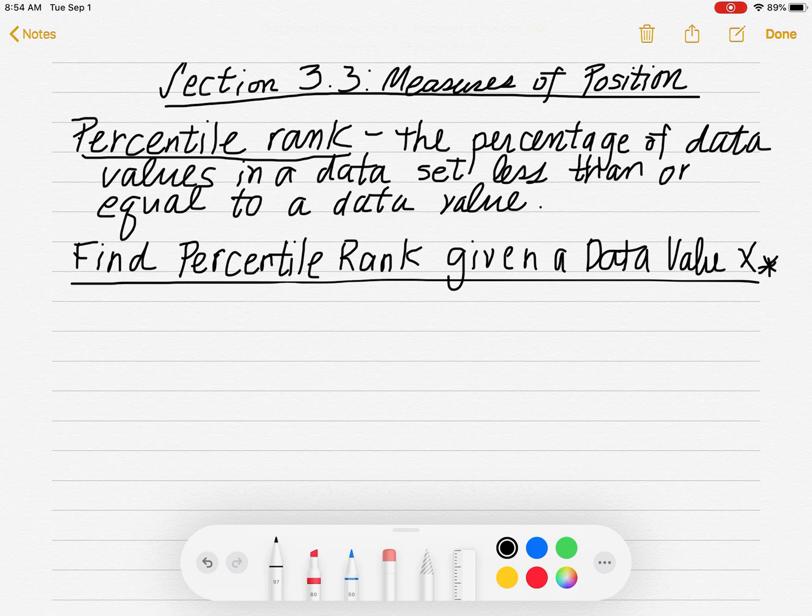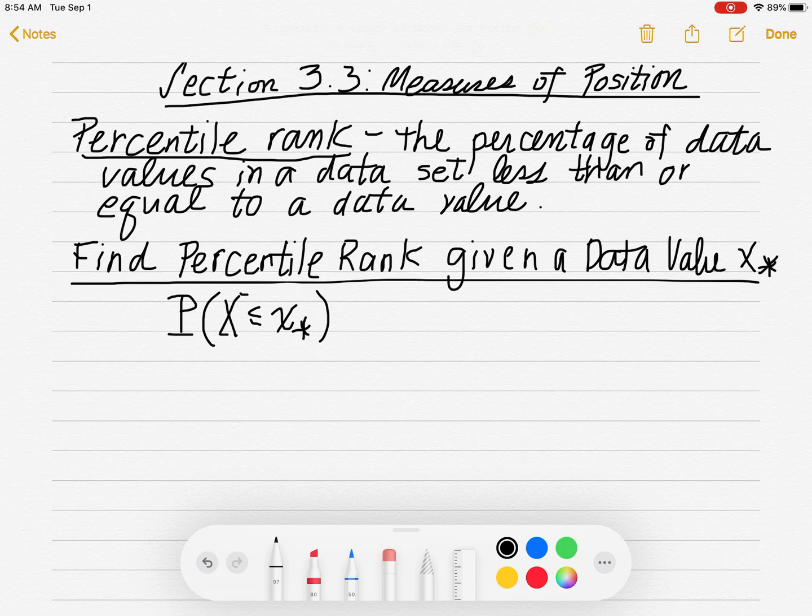And let's say we wanted to find the percentile rank given a particular data value. We're going to call the particular data value X with a lower star. That's what I'm going to use. So to denote that, the notation sometimes you'll see used is P of capital X less than or equal to X star.